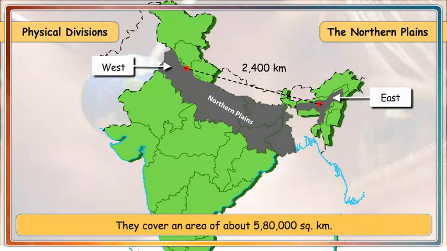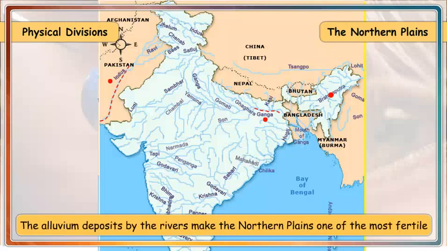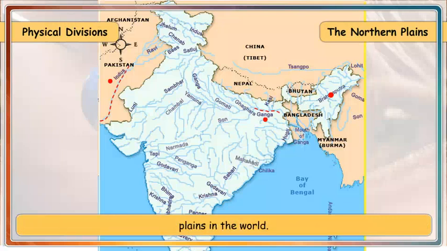They cover an area of about 580,000 square kilometers. These plains are formed by the rivers the Indus, the Ganga and the Brahmaputra and their tributaries. The alluvium deposited by the rivers makes the northern plains one of the most fertile plains in the world. Hence, this region has a very high population density.